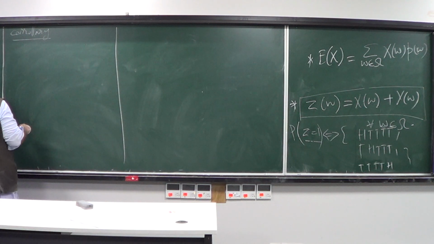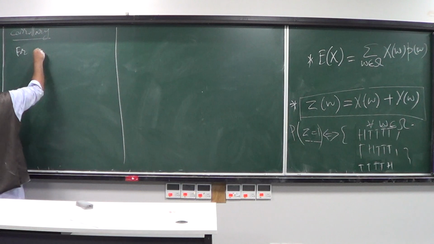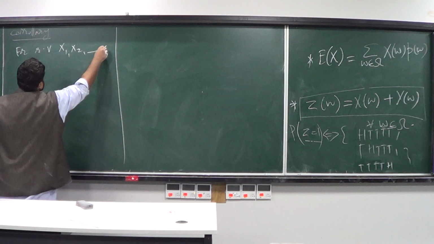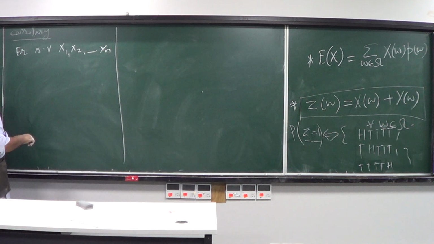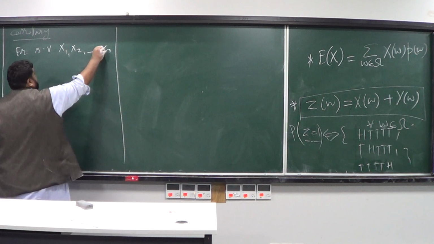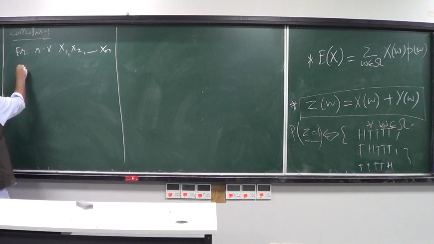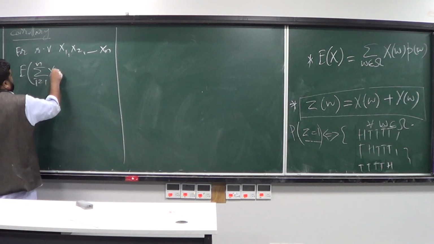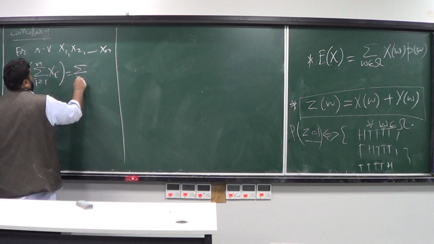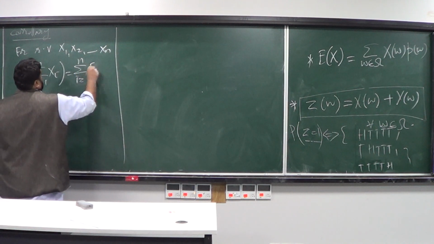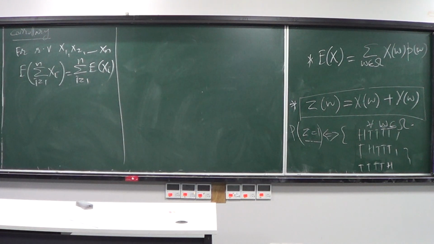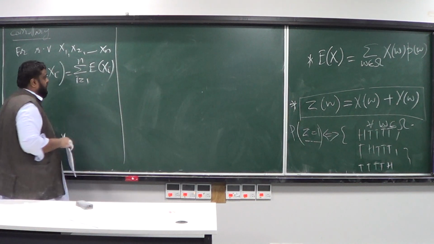For random variables X1, X2, ..., Xn, these are discrete random variables, the expectation of the sum over i equal to 1 to n of Xi is equal to the sum over i equal to 1 to n of the expectation of Xi. So the expectation of X1 plus X2 plus X3 up to Xn is equal to the expectation of X1 plus expectation of X2 plus up to the expectation of Xn.